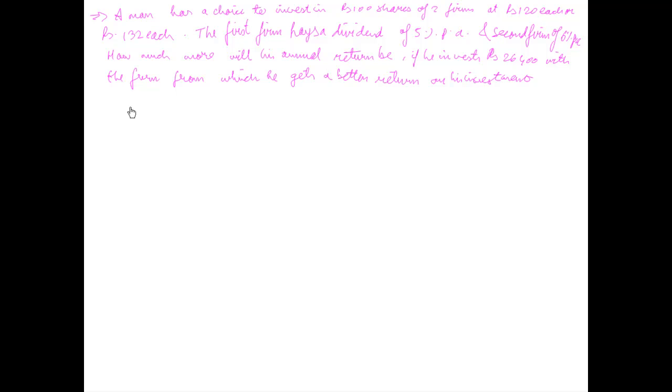So children, let's add information. Nominal value in both cases rupees 100. Dividend percent in the first case 5%, market value rupees 120. Second case dividend is 6%, market value is rupees 132. Now let's find out which one's better.